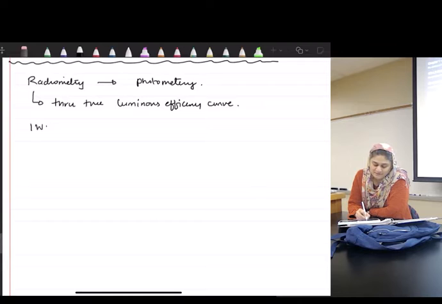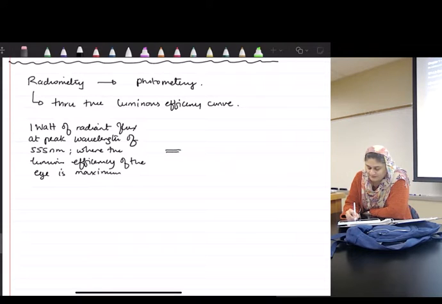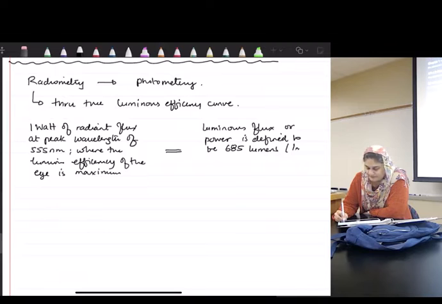So 1 watt of radiant flux at the peak wavelength of 555 nanometers, where the luminous efficiency of the eye is maximum, equals a luminous flux or power that is defined to be 685 lumens, LM.